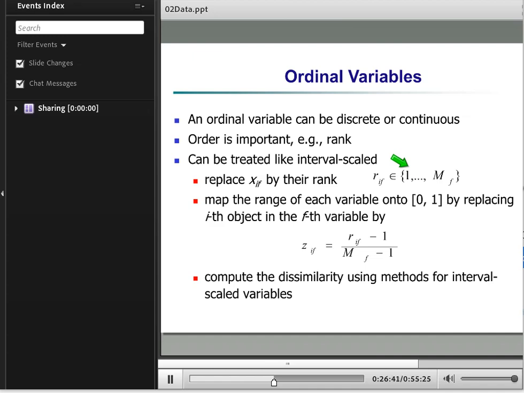But there is a specific case here, not only for ordinal variables. This is for all types of numerical variables too.